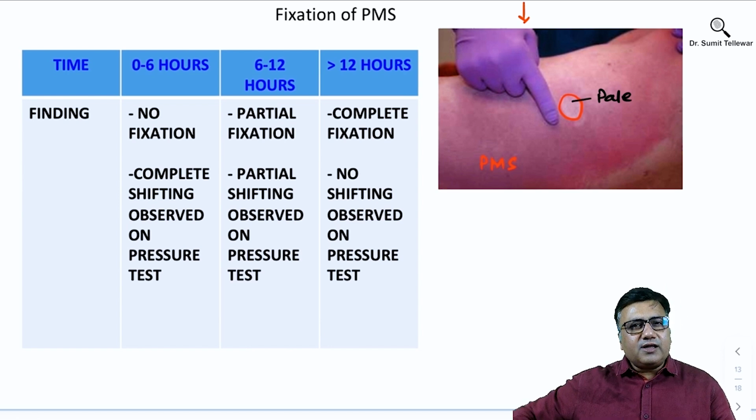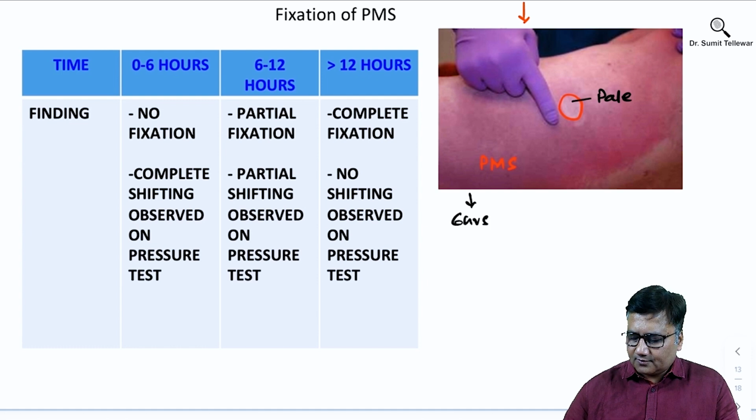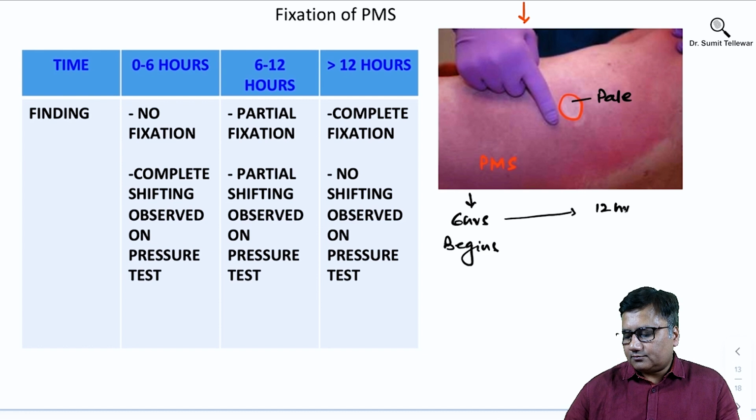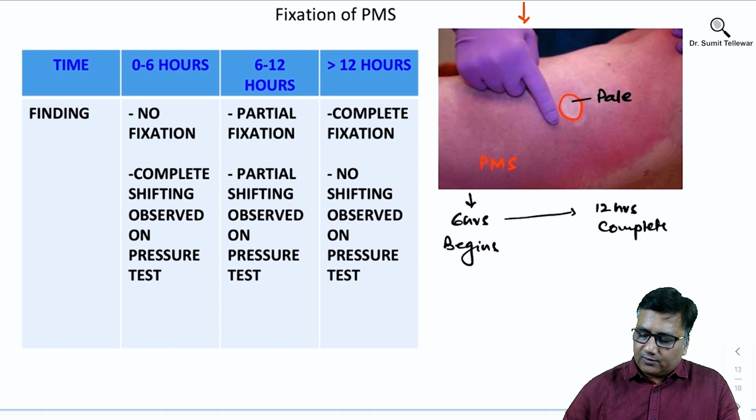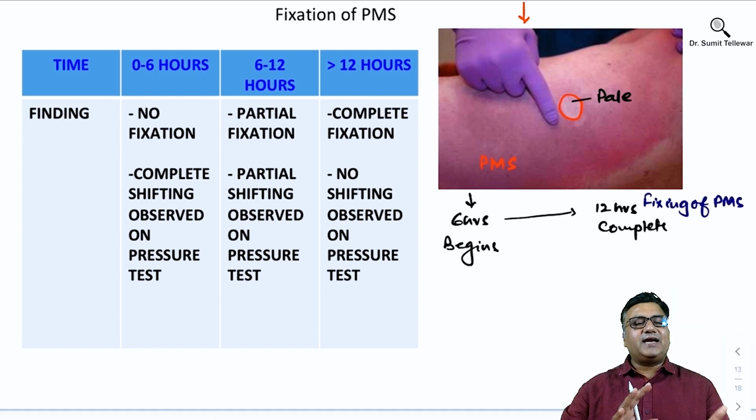Now, the fixing process of post-mortem staining begins at 6 hours after death and is completed by 12 hours. Right? What are we talking about? We are talking about fixing of PMS. So fixing of PMS begins at 6, completes at 12.